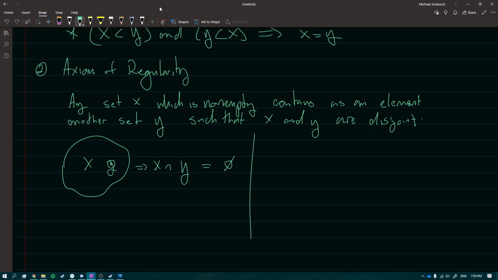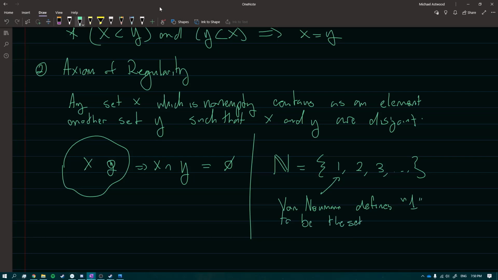Okay, so we can see this as follows. For an example, the natural numbers are defined to be the set 1, 2, 3, and so on. Okay, what is 1? Well, if you were to go by von Neumann's prescription, von Neumann defines the number 1 to be the set containing the empty set.